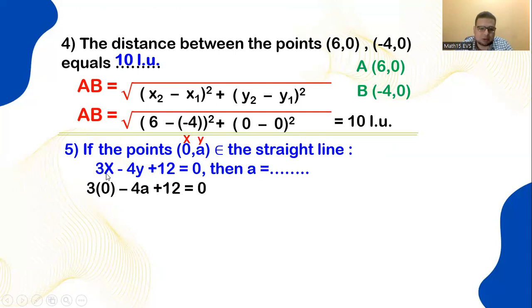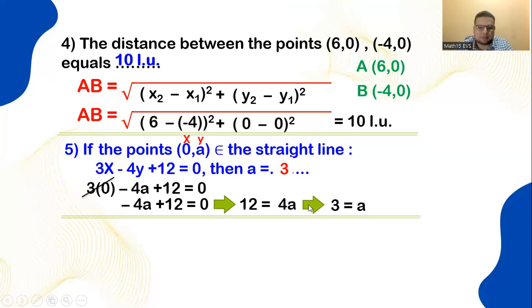You will put x is 0 and y is a. So 3 times 0 minus 4 times a plus 12 equals 0. So 0 minus 4a plus 12 equals 0. Move 12 out by -12, so -4a equals -12, then a equals 12 divided by 4, so a equals 3.